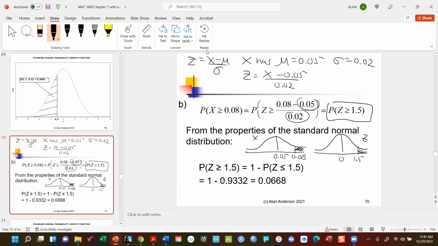Now, because it's a greater than or equal to probability, we have to use this approach: 1 minus the probability that Z is less than 1.5, and then this number comes from the table. In fact, let's go look it up and confirm that. 0.9332.